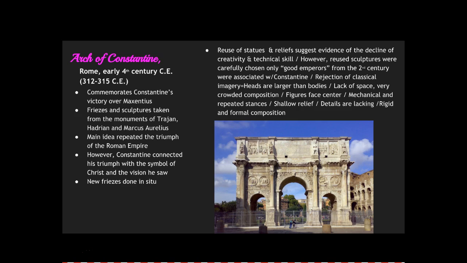So what you're seeing here is a very famous arch. It's the Arch of Constantine. It commemorates Constantine's victory over Maxentius, who was the leader of the Italian people when he came in. Many of the aspects of this victory arch were all taken from different areas of Rome, basically kind of thieved.